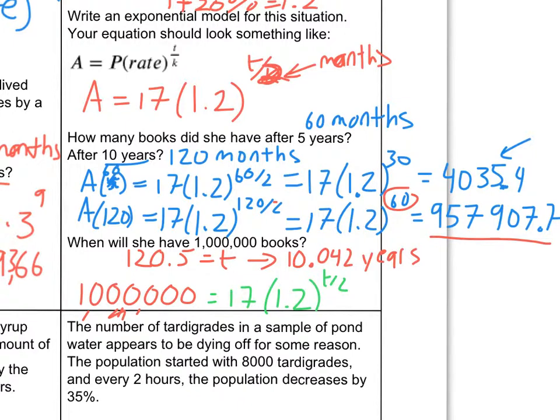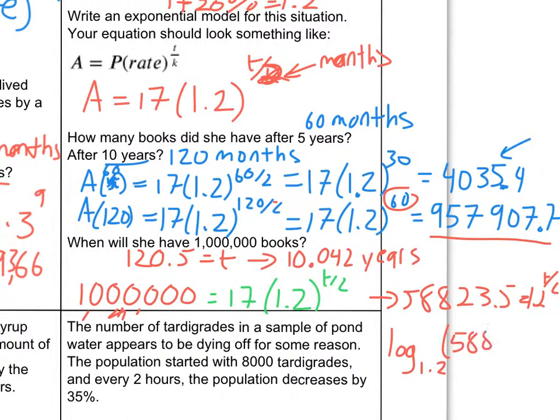So if we've got 1,000,000 divided by 17, that's going to be 58,823.5 is equal to 1.2 to the t over 2. I'm going to make both sides log base 1.2. So log base 1.2 is going to be 58,823.5. That's equal to t over 2. Multiply both sides by 2.